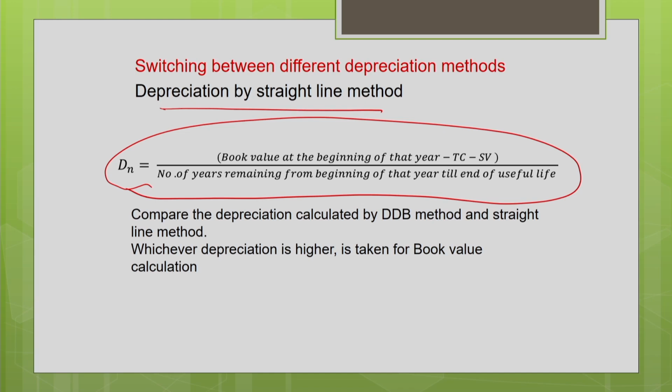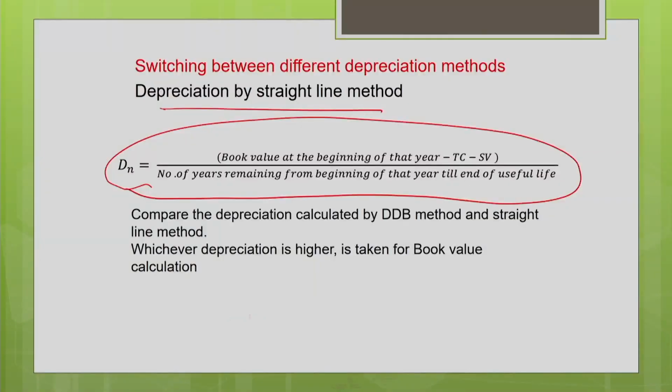So this will give you the annual depreciation when we do the switching process, okay. And here you have to note that even when you go for the straight line method, depreciation every year is going to be different in this approach, okay. When we work out the illustration, you will understand better, okay.